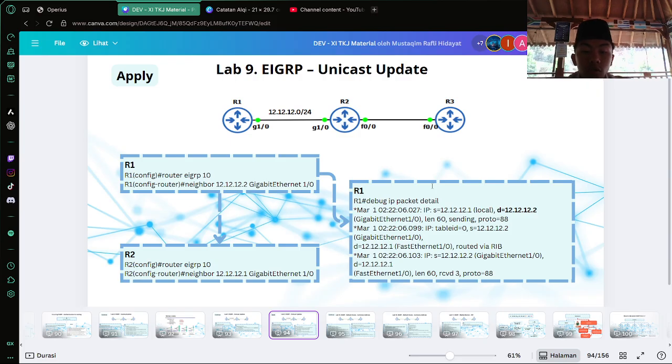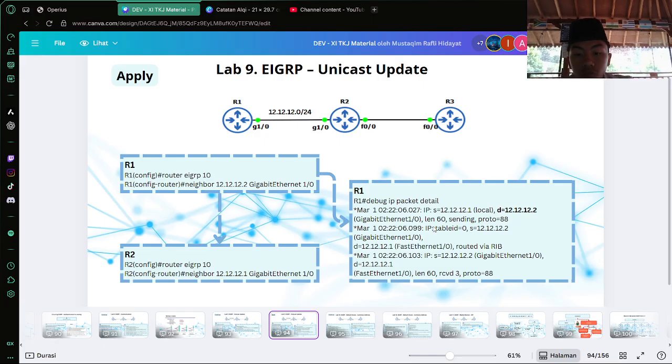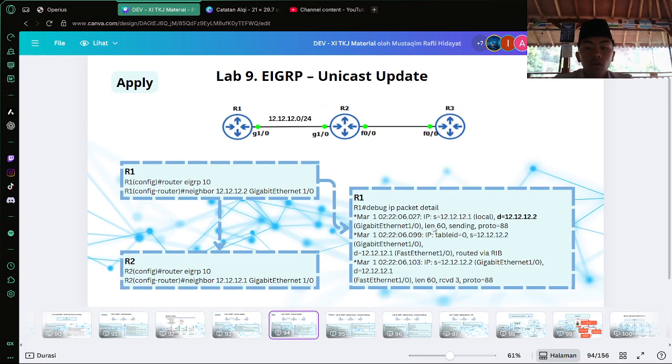The output: you just enter the debug ip packet detail command, and you can look in here.